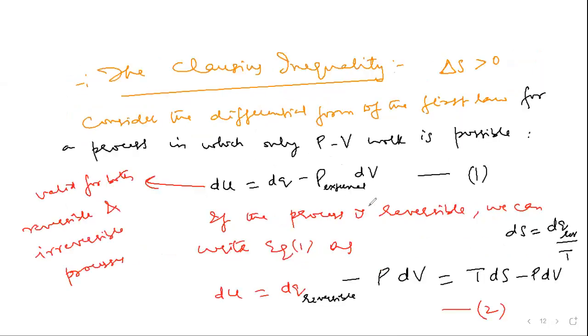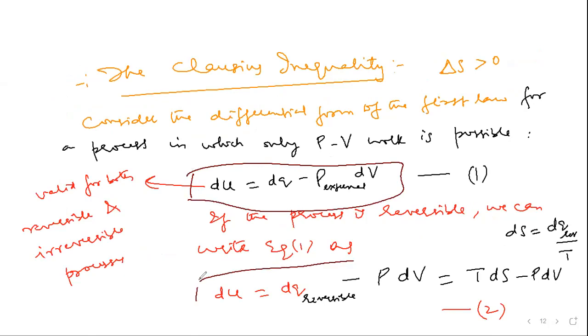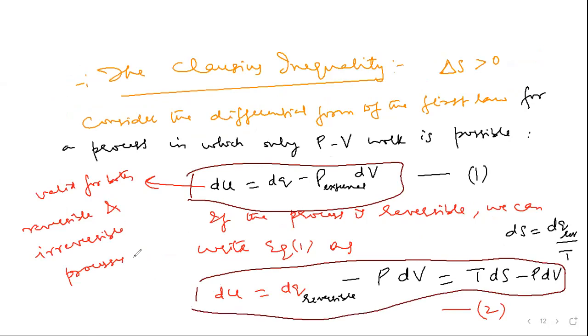We have two expressions for du. One is equation 1, second is equation 2. Both are valid for both reversible and irreversible processes. So we can equate them.